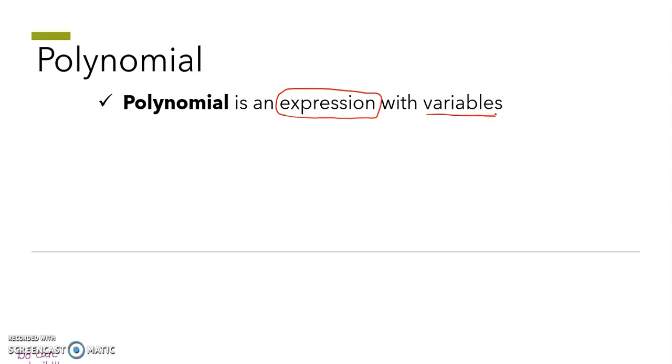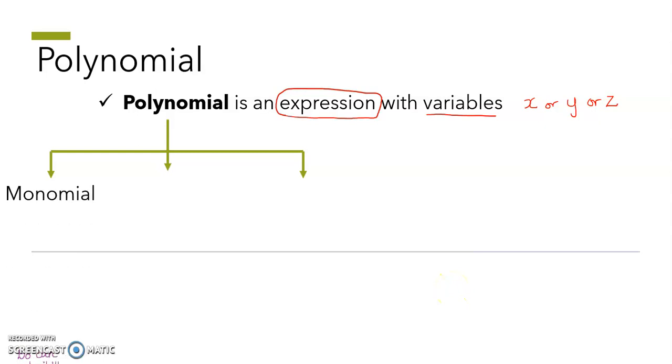In math, a variable is usually represented by x or y or z. This polynomial is classified into three types. The first one is monomial, the second one is binomial, the third one is trinomial.